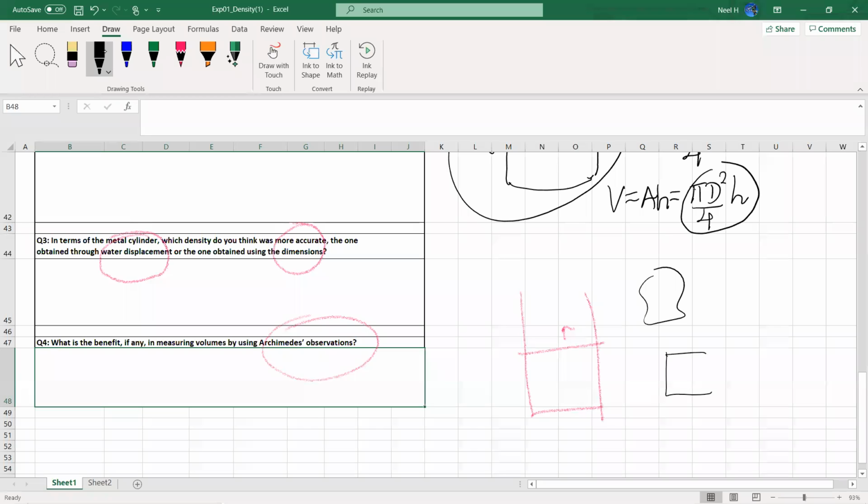If you take the padlock, I can't measure the dimensions, right? So for such objects, the dimension method is not going to work. The only method that will work is the Archimedes method. So just write again 1 or 2 sentences: if the object doesn't have a proper geometry, then there's only one way to measure the volume, and that is the Archimedes method, or the water displacement method. Okay, that's all.